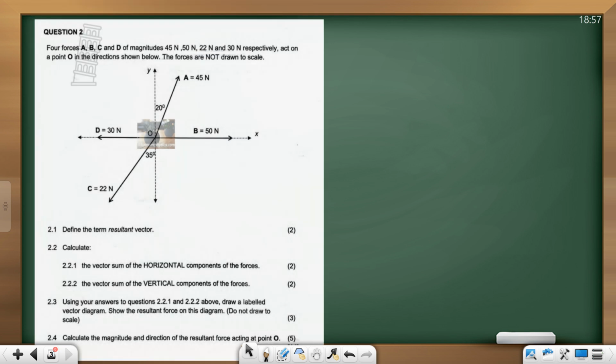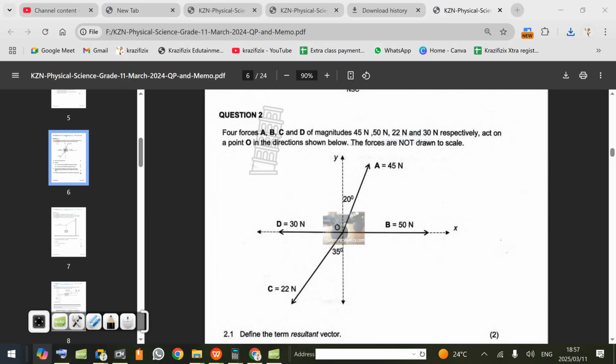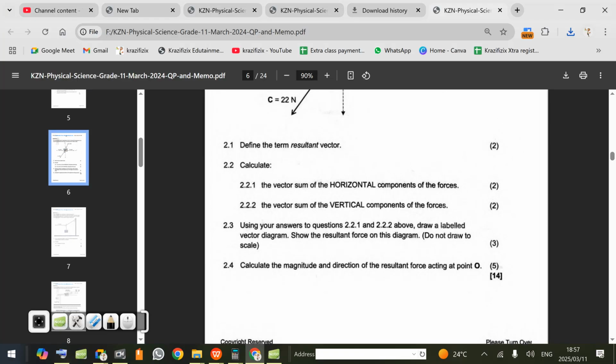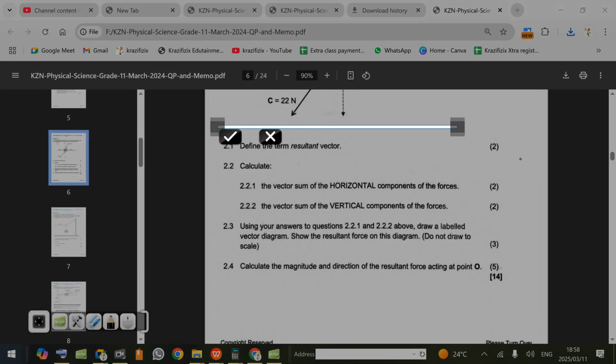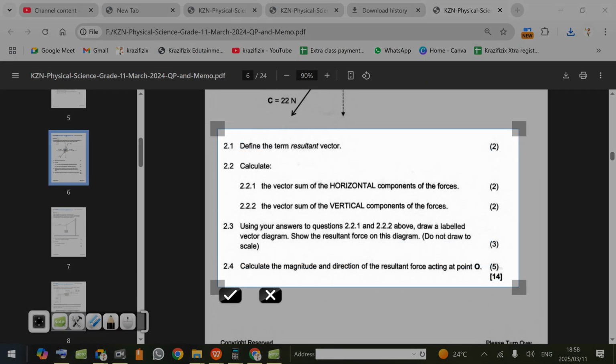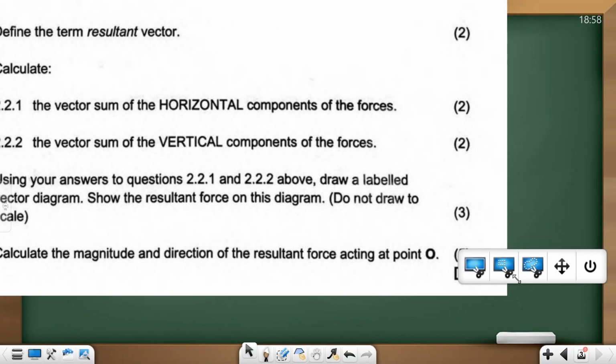I'm sure I've told you that, guys, it's either 2 or 0. If you don't get your definitions right, you get a 0. What is a resultant force? It's a single vector that has the combined effect of 2 or more vectors. Please take note.